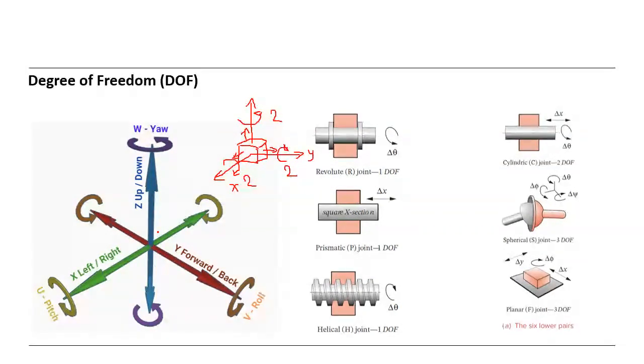So that means generally any object has 6 degrees of freedom in space.